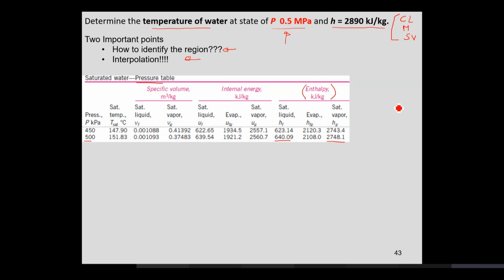How would this help me to identify the region? The enthalpy value is 2890, which is essentially greater than your Hg value, which is 2748.1. What does this tell you about the region in which your system is in?